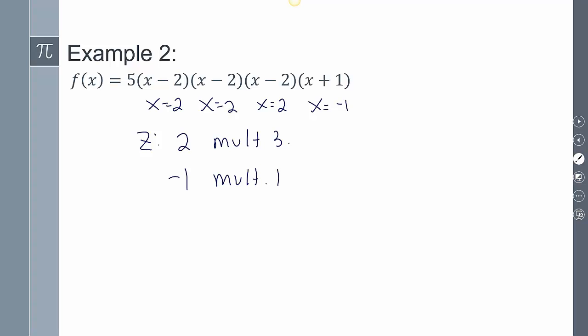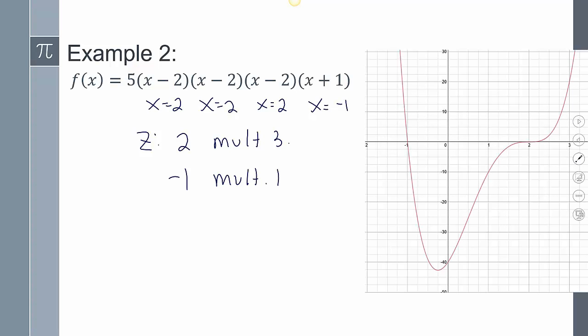Now remember, we said that if our multiplicity is odd, that means that the graph will cross through the 0. So let's take a look at a picture of that. Notice my multiplicity is odd, the graph crossed through it. It's odd here, my graph crossed through it. Now you're probably wondering, wait a minute, the way that it's crossing this graph is different than the way that it's crossing this graph.